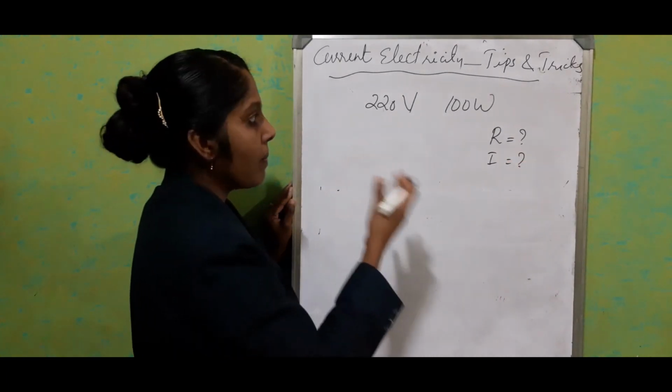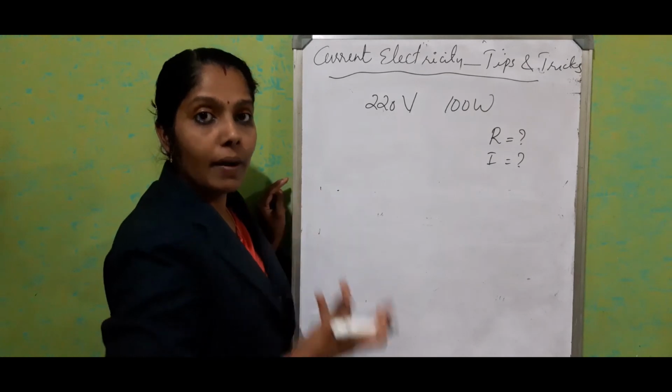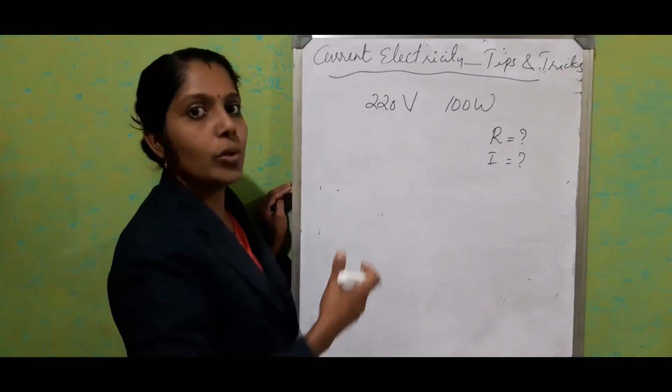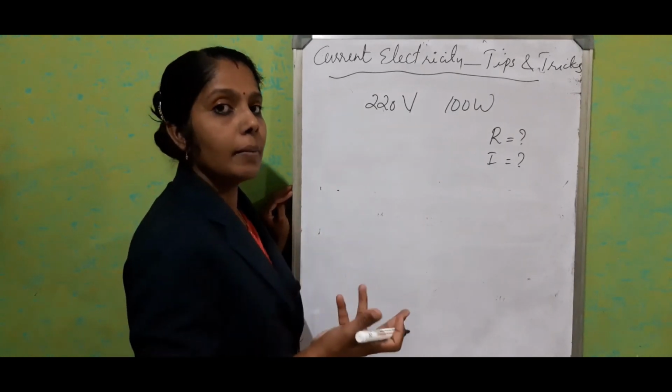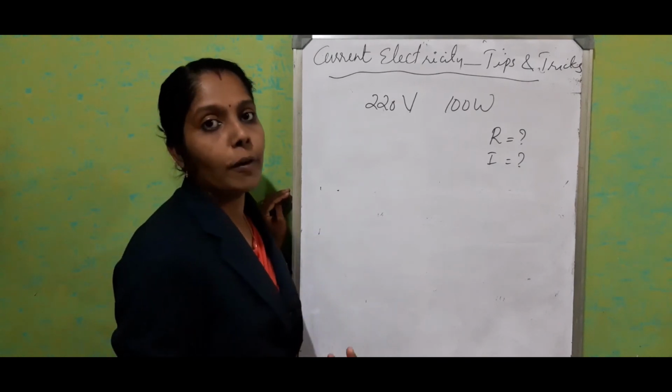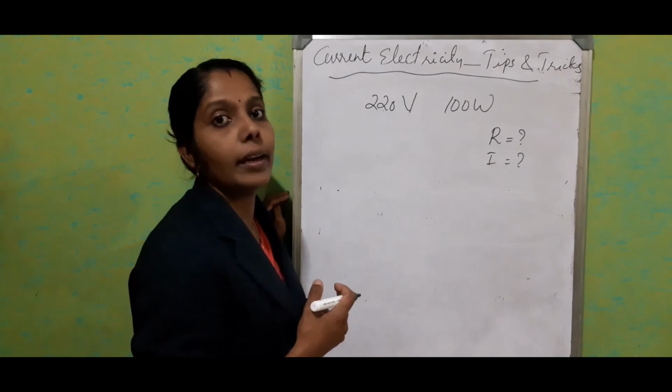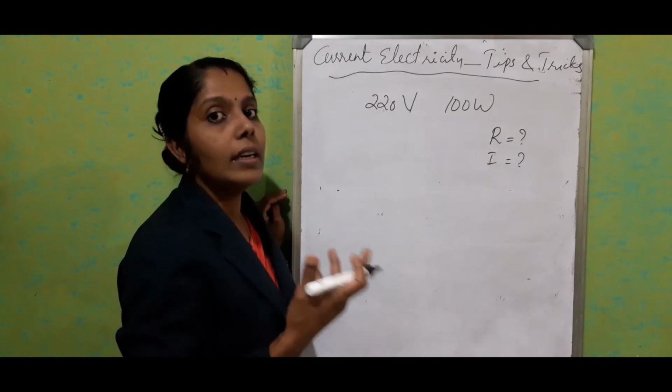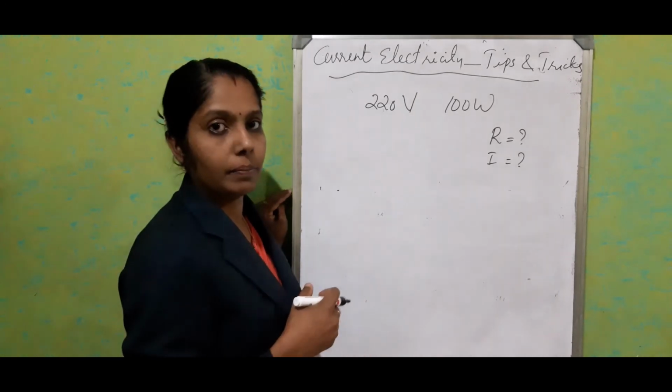This is what we call the power rating. From the power rating, how can we find out the resistance offered by the circuit and the current passing, or the safe current? What is the safe limit of the material?